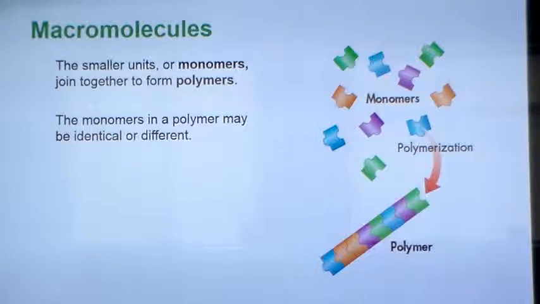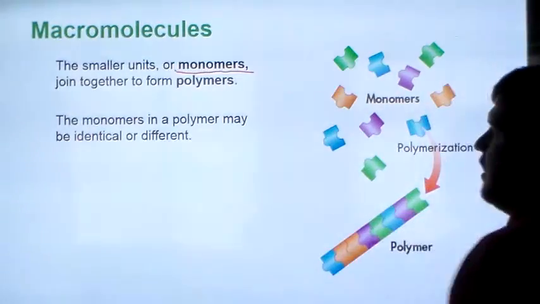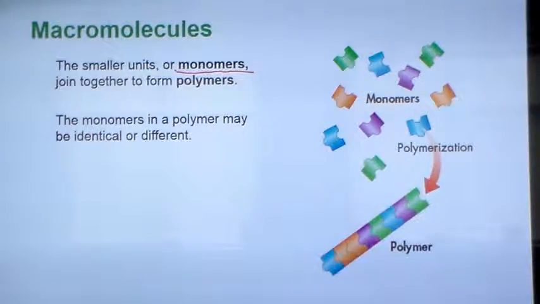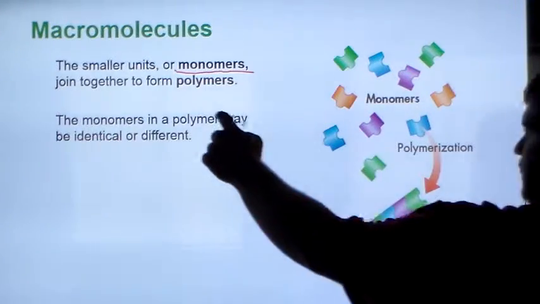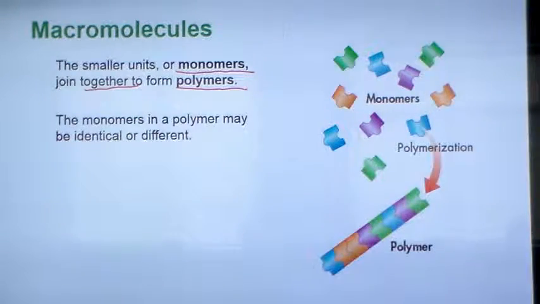All right, the smallest unit of the macromolecules are monomers. Mono meaning one, so that's just one. Put a whole bunch of monomers together, gives us polymers. So monomers will join together to form polymers, hence the name polymerization that goes with the forming of macromolecules.